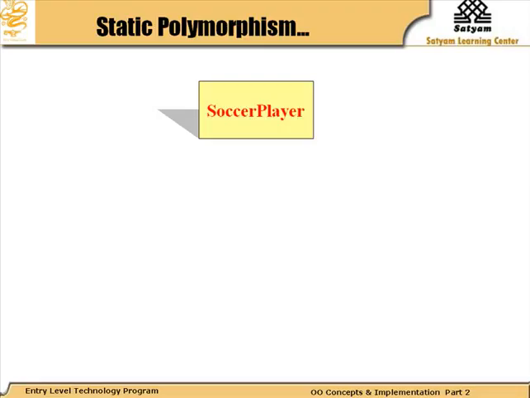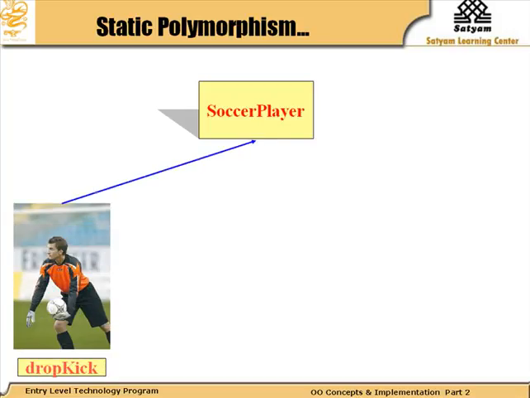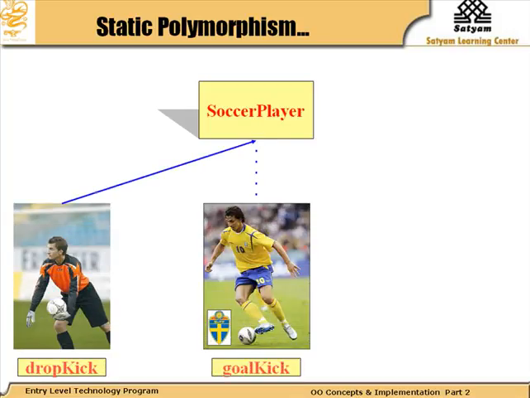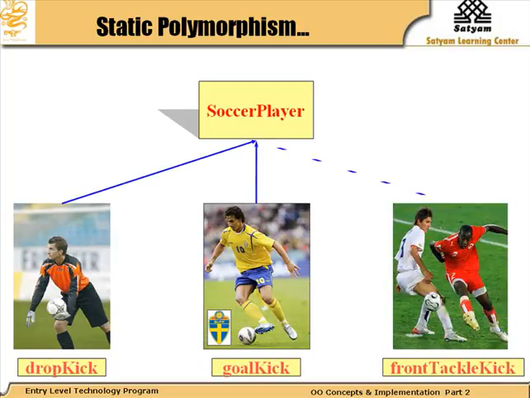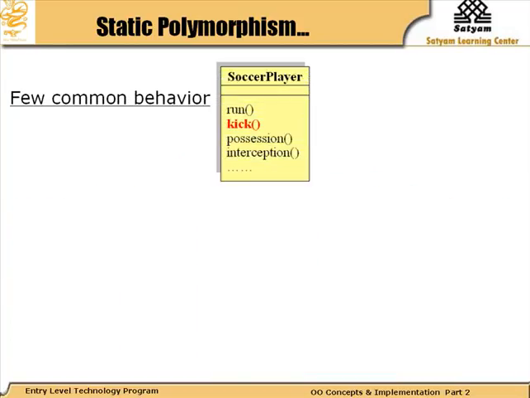Now let's talk a little about soccer. A soccer player kicks the ball in multiple ways, such as drop kick, goal kick, and front tackle kick. A few common behaviors of a soccer player: run, kick, position, interception, and so on.